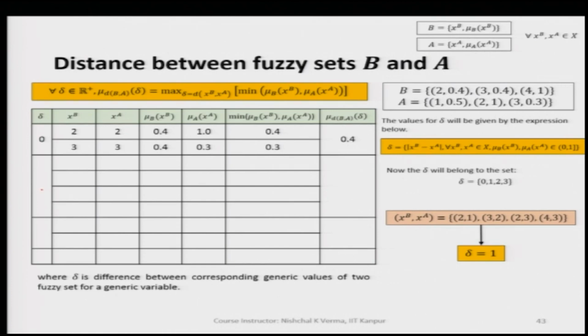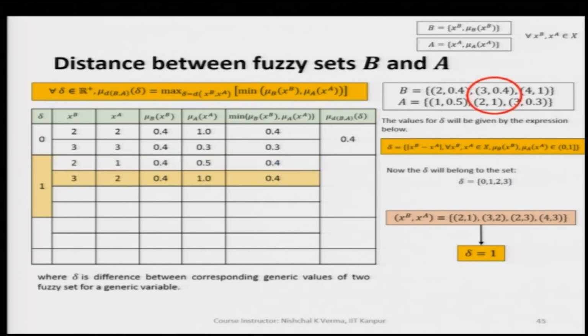Here we write delta equal to 1, and for the first pair we write 2, 1, and then 0.4, 0.5, and when we take the minimum of these two, we get 0.4. This way we complete the entries for the first pair, for which delta equal to 1.